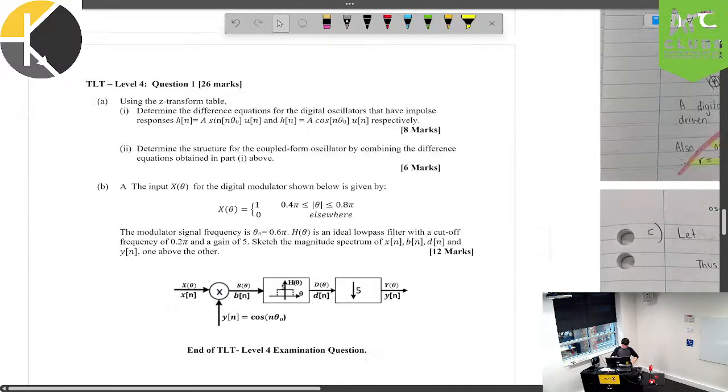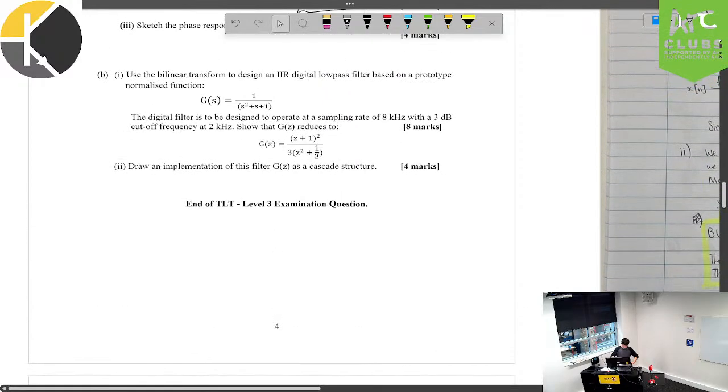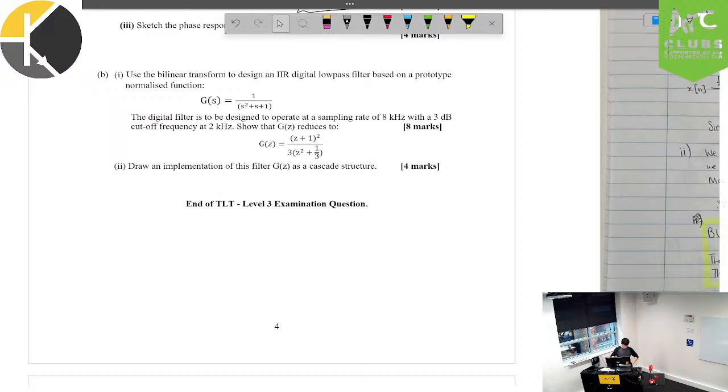Question B. We're going to use the bilinear transform to transform an IIR digital low-pass filter based on a prototype normalized function, G(s). The digital filter is designed to operate at a sampling rate of 8 kilohertz with a 3 dB cutoff at 2 kilohertz. We're going to show that G reduces to (z plus 1) all squared over (3z squared plus 1 over 3).